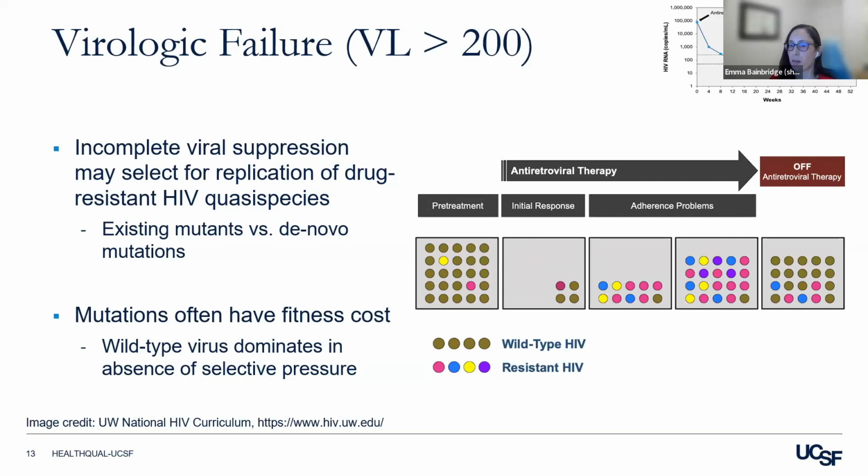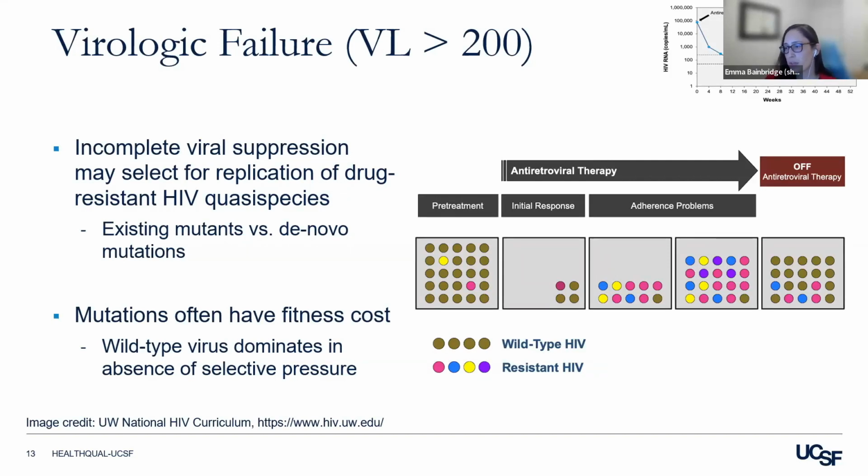Absorption might be one of them, drug interactions, nonadherence, etc. And what happens in that situation is you essentially select for the HIV mutants in your population of HIV that are resistant to the current ART regimen. You can also develop de novo mutations that result in resistance.